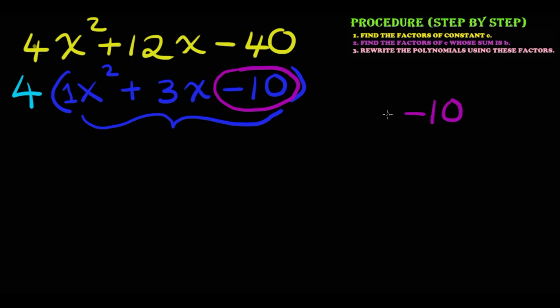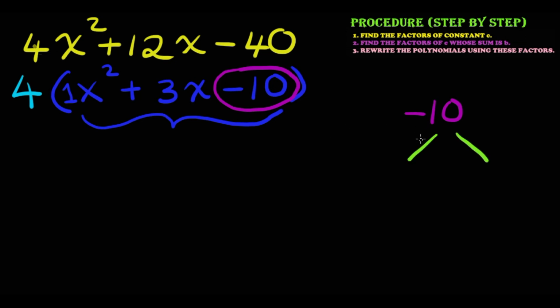Step 2 is to find the factors of c whose sum is b. So we have to come up with two numbers that when we multiply come out to negative 10, but when we add those two numbers come out to your b, which is positive 3. So think of those two numbers.